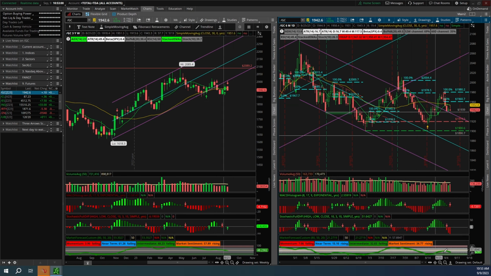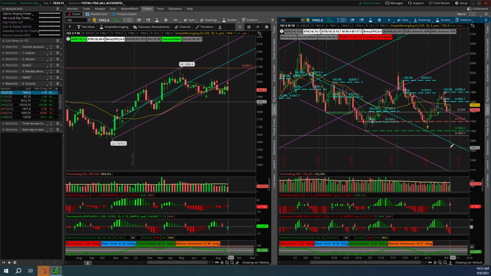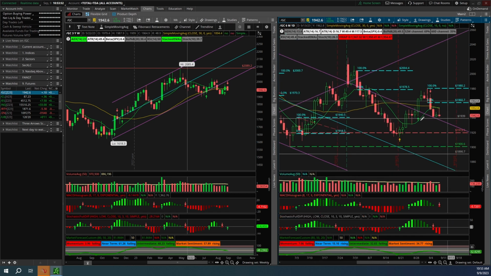Also, this intermediate market forecast is moving to the downside here. It's falling at 32.83, which is another indicator that this is probably going to continue moving to the downside. And right here you have the 2000 level, which was also a level of resistance for me.